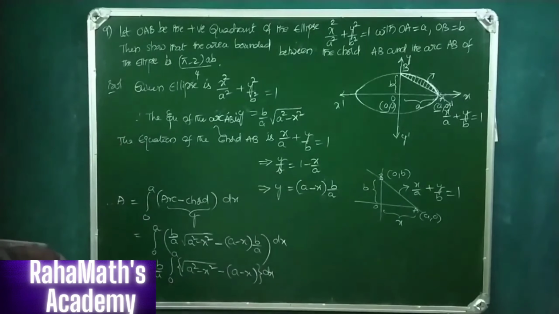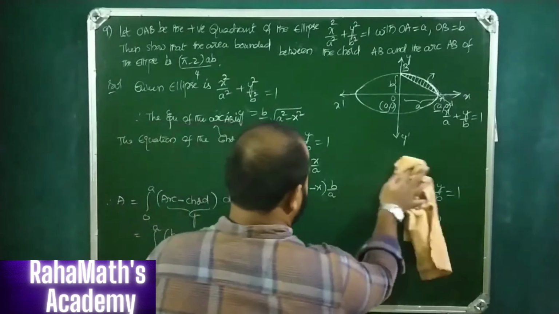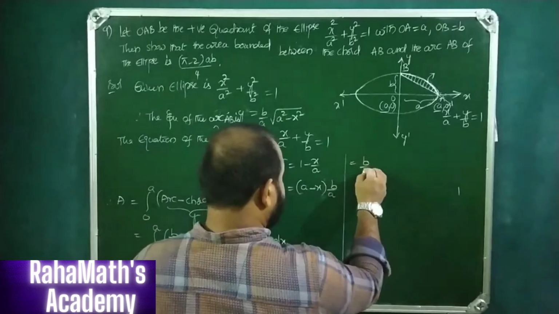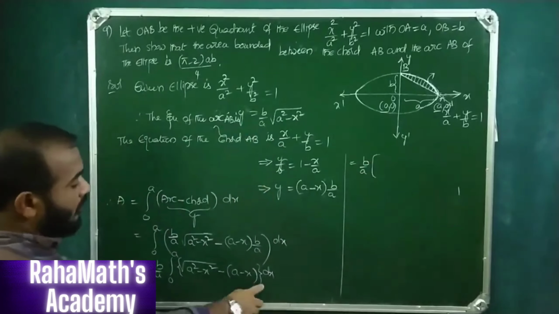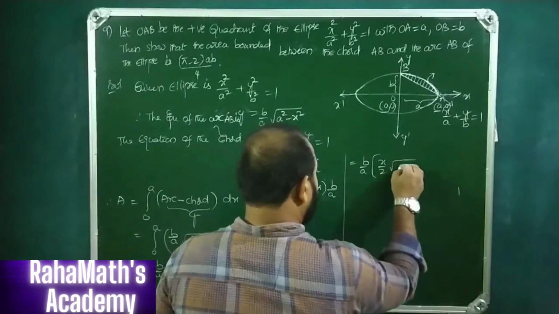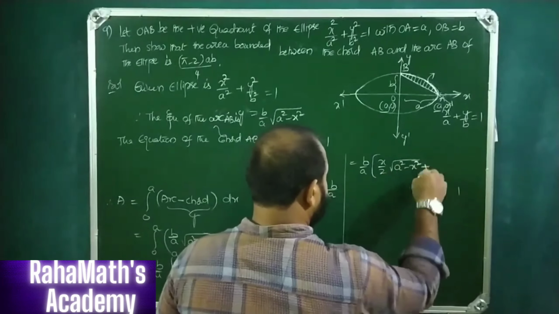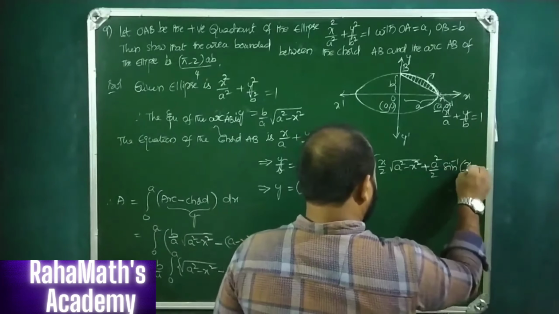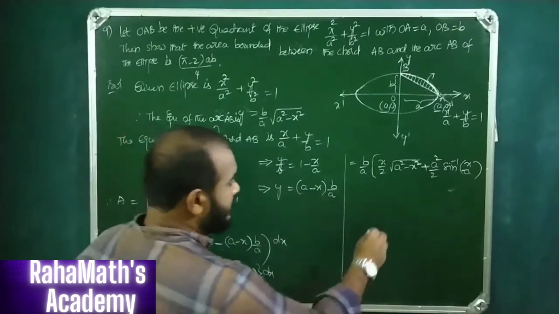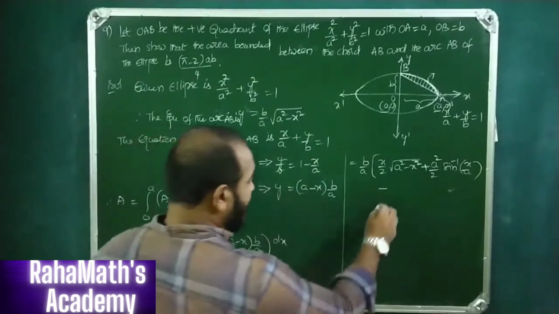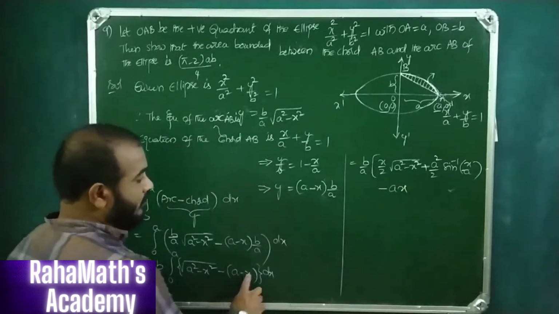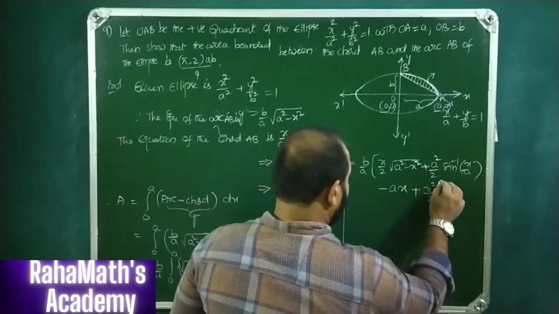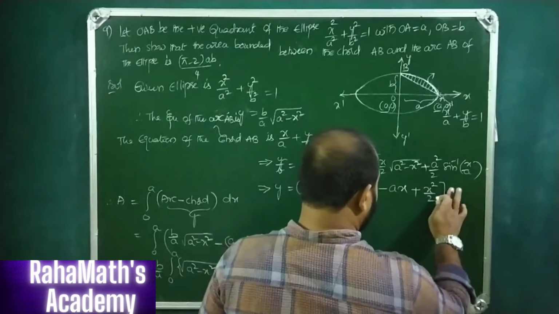So this is b by a times: the integral of root a square minus x square dx is x by 2 root of a square minus x square plus a square by 2 sine inverse x by a, minus the integral of a dx, which is ax, plus the integral of x dx, which is x square by 2. Since the process is over, 0 to a is to be written here.